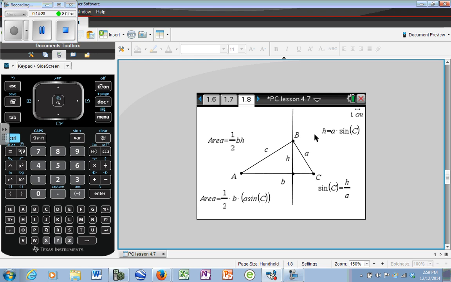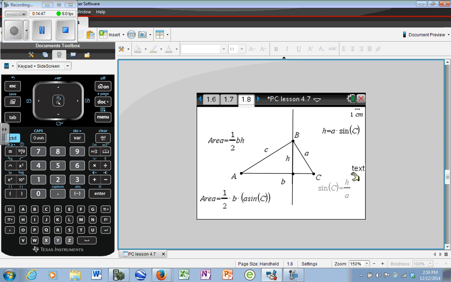The trick of these is to go ahead and define height in terms of the things that you already know. And you go over here to the angle C, and you say, okay, well, I know that the sine of C is going to be h over a, the height compared to the hypotenuse of that triangle.